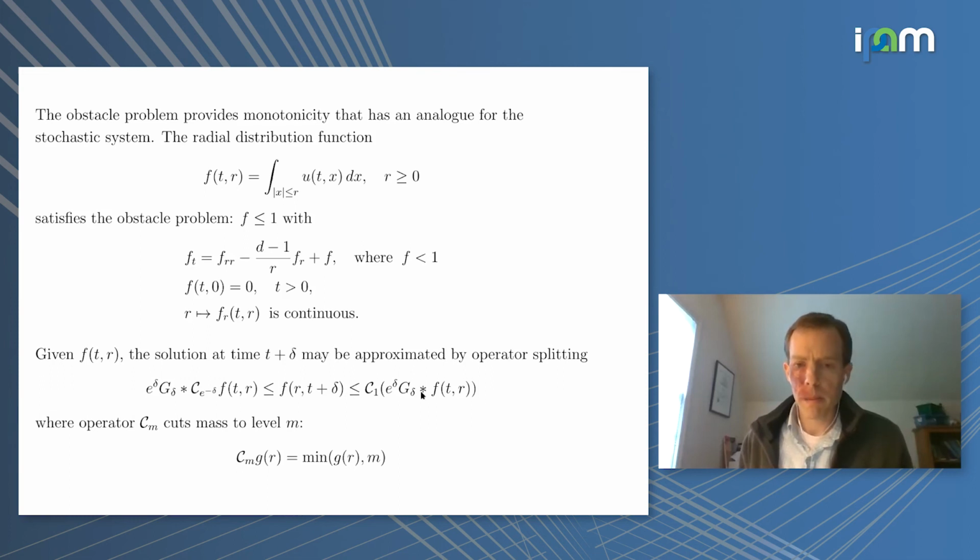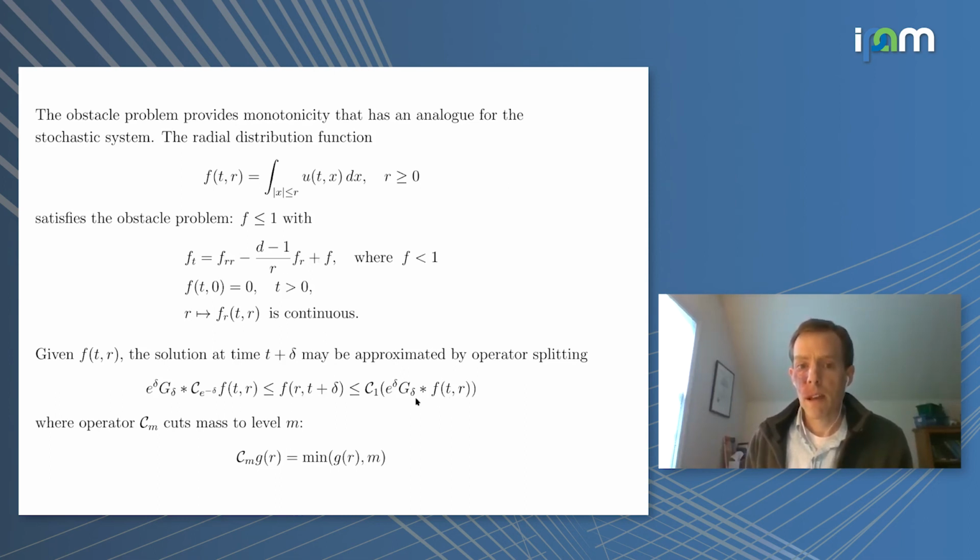You could get an upper bound in the following way. First, take the function f at time t, evolve it according to the linear problem. Here, g delta is the semigroup or Green's function associated with the linear part of the equation. E to the delta just comes from the growth over time delta. So this convolution here and multiplication by e to the delta just means we're evolving the function forward by the linear part on the whole line.